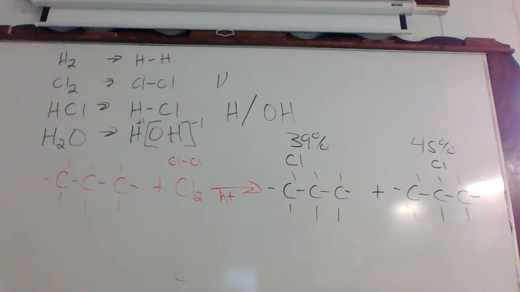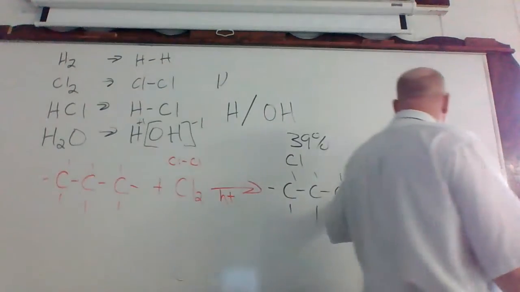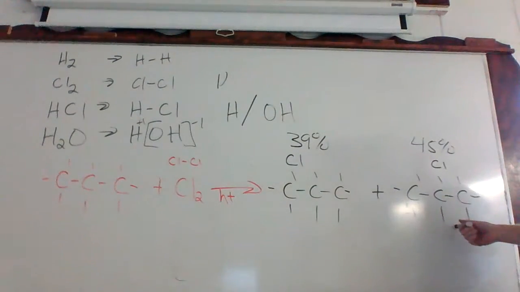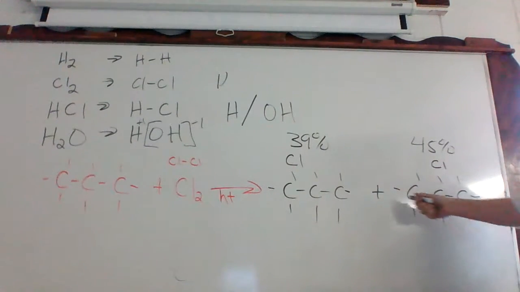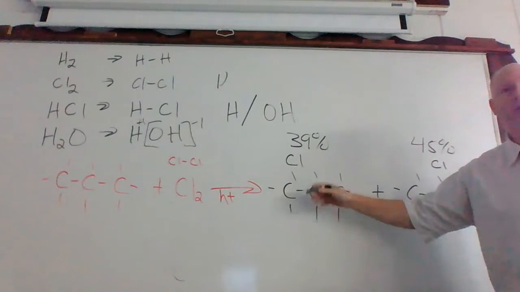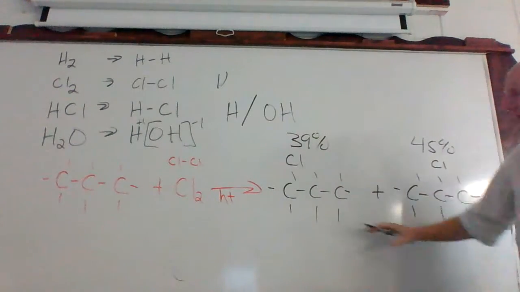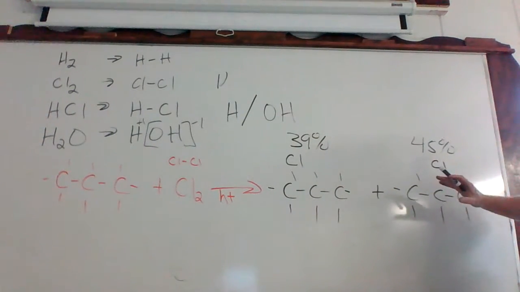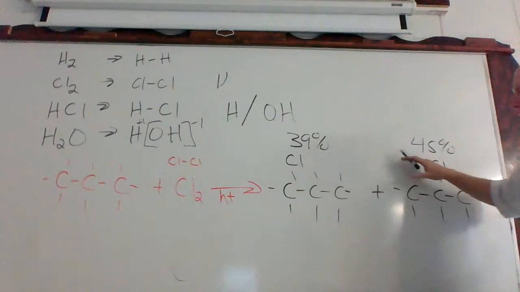The main thing we want you to know is that next week, this is going to be known as the major product, and this one will be known as the minor product. You didn't have to establish that last chapter because these two percentages were too close.